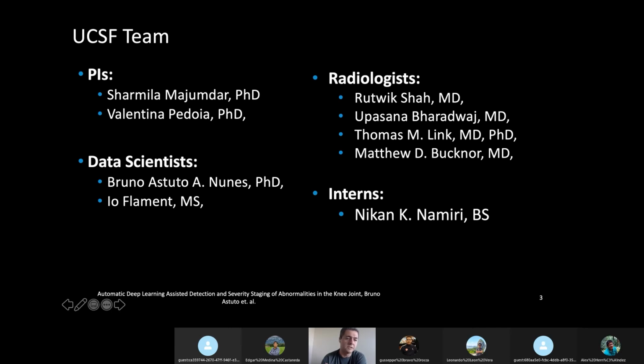Sharmila Majander is my PI, my boss, and my co-PI is Valentina Bedoya. They are both professors in the radiology and biomedical imaging department at UCSF. I also worked with these four names here. They are radiologists. They basically provide me with labels to train the models that we are going to discuss today.